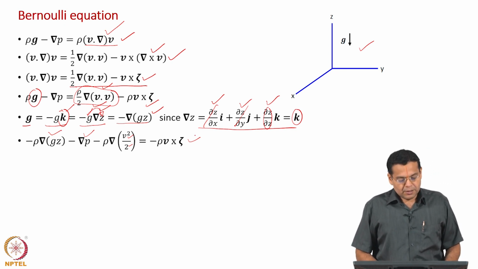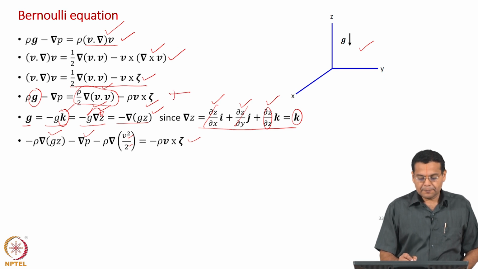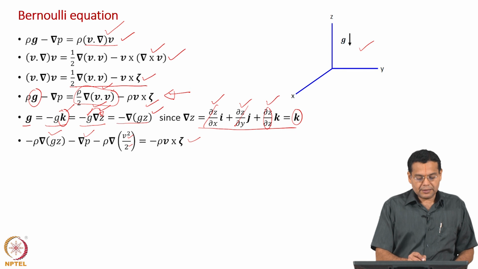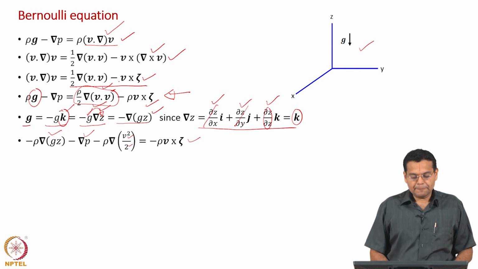So in this equation, two things have been done. g has been expressed in terms of the gradient of g z, and this term has been taken to the left hand side, and V dot V has been expressed as velocity squared.